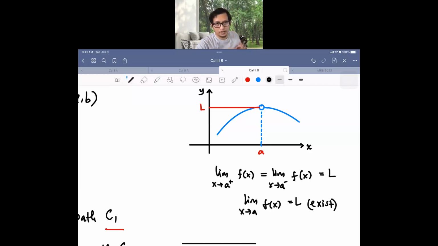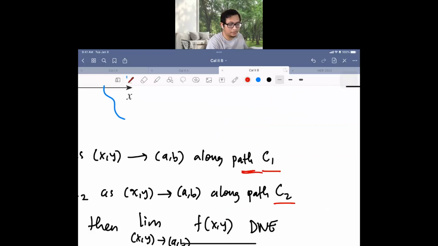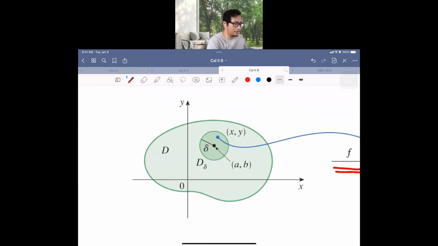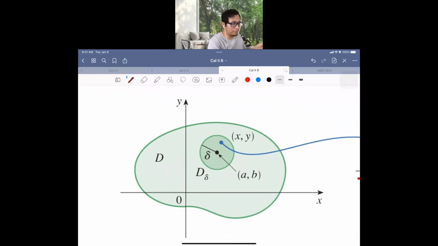You can write a definition like that. Now compare with what we have in a function of two variables. It's actually similar. But how we approach left and right is from this path. For example, I want to approach AB here alongside this, maybe when x equals 3.